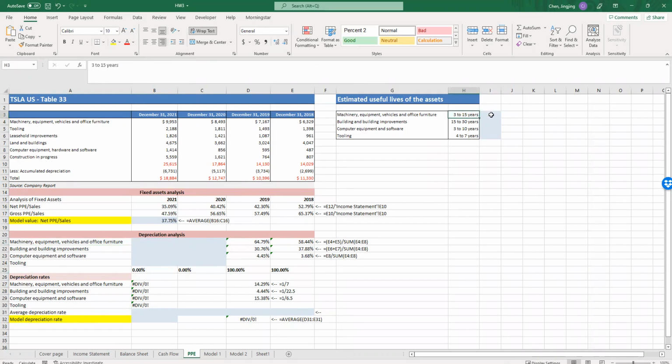We can just get a median number between 3 to 15. Now to calculate the median number, it equals 3 plus 15 divided by 2.